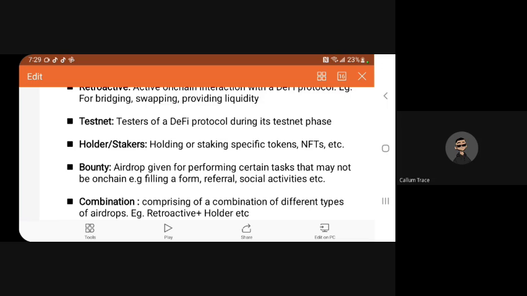They may say, oh, let's give an airdrop to people who are providing liquidity or have staked their money, because stakers are really useful people when it comes to a project. It means that people really trust this project, and these are the people that are holding, like you're locking up your money here, right?